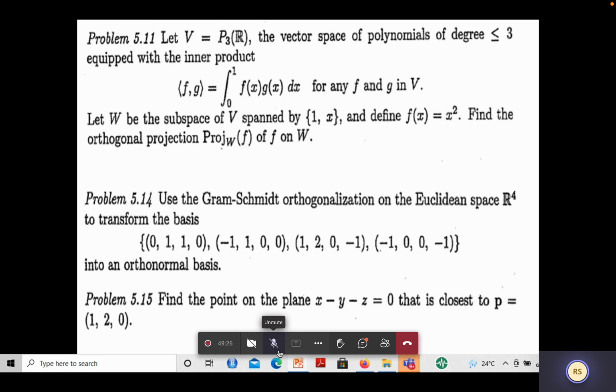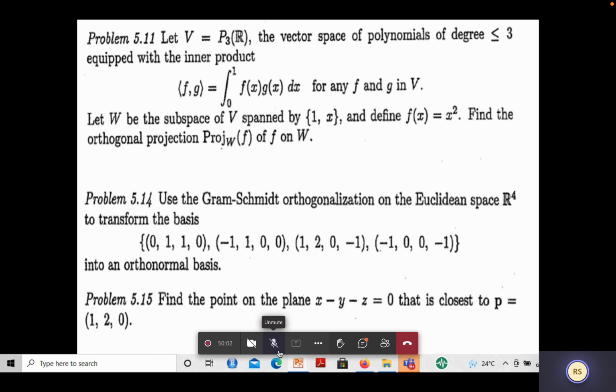Let W be the subspace of V spanned by 1 comma x.